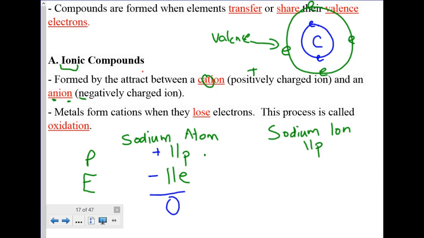So the sodium ion only has 10 electrons. If I add up the number of positive charges and the number of negative charges, what do I get? Yes, exactly. So positive 11 plus negative 10. Wow, this tells me that I have one less electron than proton.